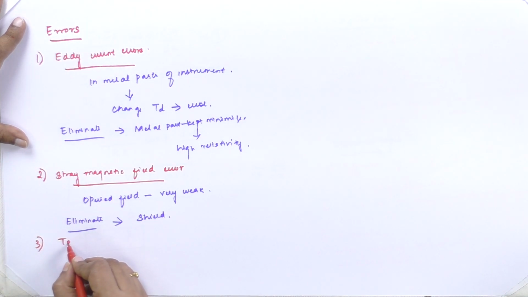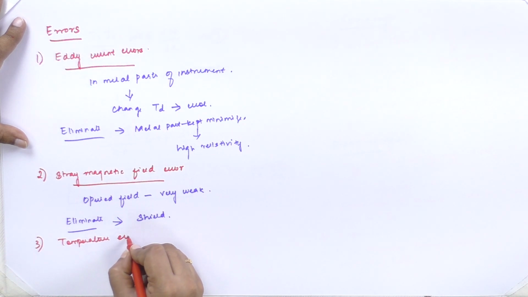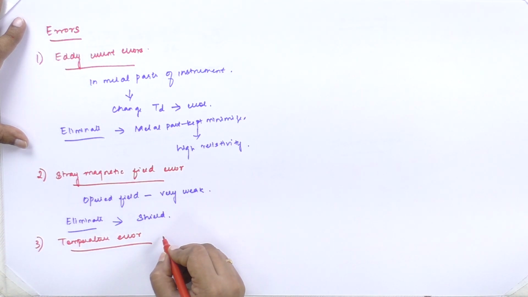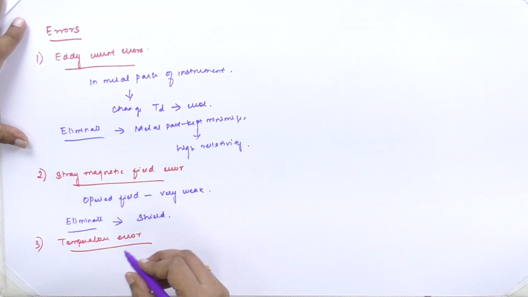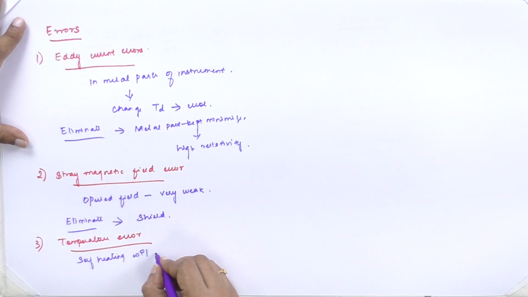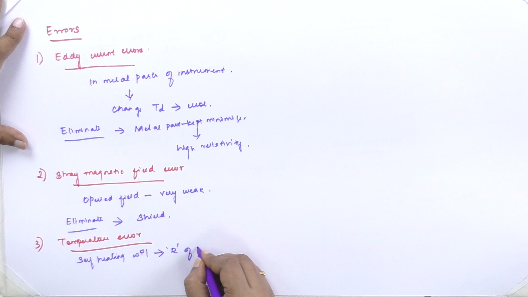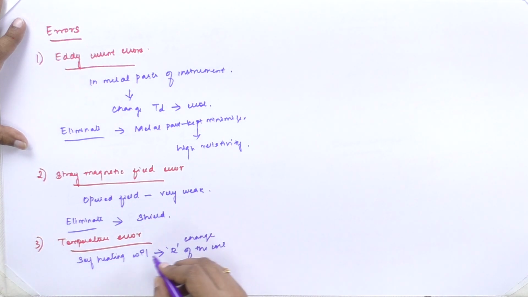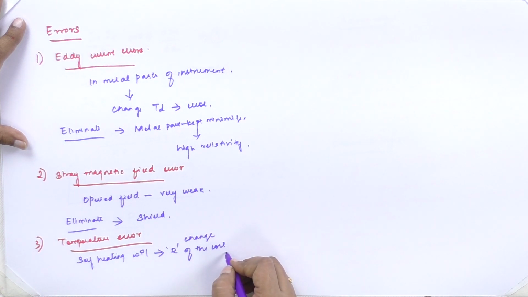So next one is the temperature error. This temperature error is caused by the self-heating of the coil. Since we have fixed coils and moving coils, due to the self-heating of the coil, there will be a change in the resistance of the coil, so temperature error occurs.